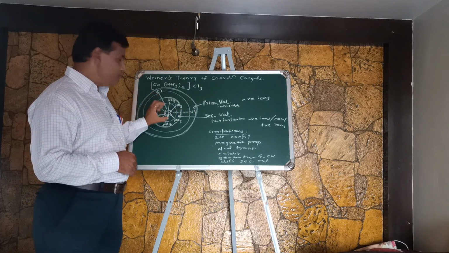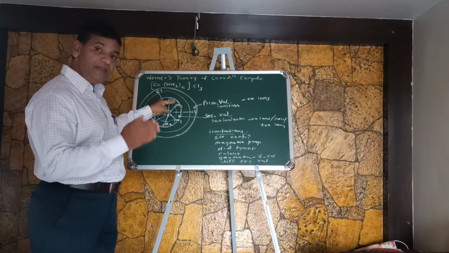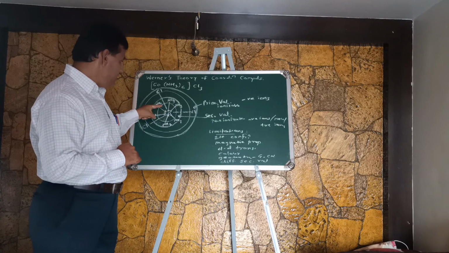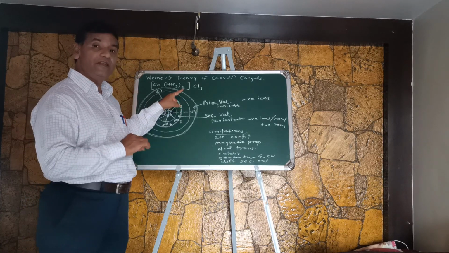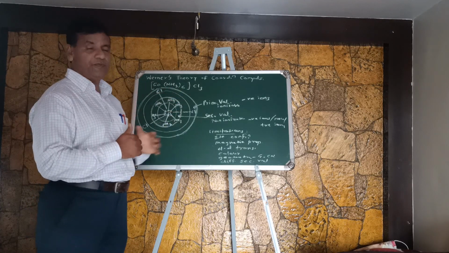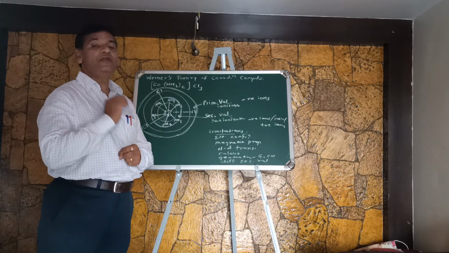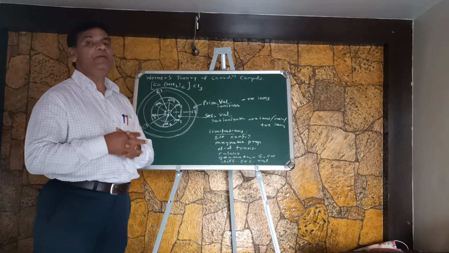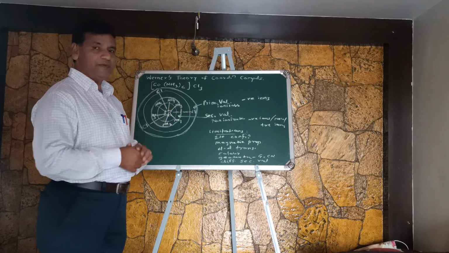So cobalt is bonded with 6 ammonia ligands from the inner sphere, and the same cobalt is bonded with 1, 2, 3 negatively charged chloride ions from the outer sphere. So these two spheres surround the centrally placed metal: this is the inner sphere and this is the outer sphere.